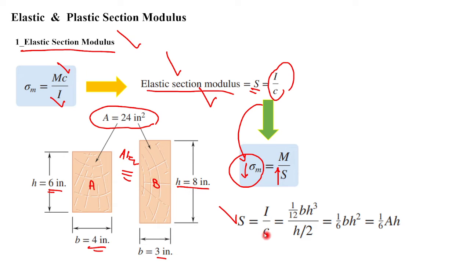If you want to know which one is a better section, just calculate the section modulus. That's the moment of inertia over c, which is the distance to the centroid. For this problem, that's 1/12 base times height cubed over H over 2, which is 1/6 B H squared. It says if their area is the same, the section modulus is 1/6 of A times H. With the same amount of area, the section which has a bigger height goes by a higher section modulus, which increases the denominator and decreases the stresses drastically.